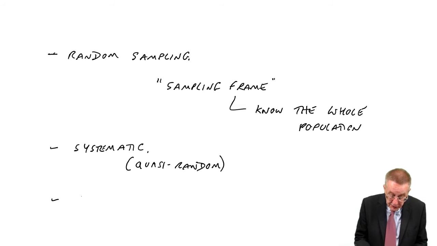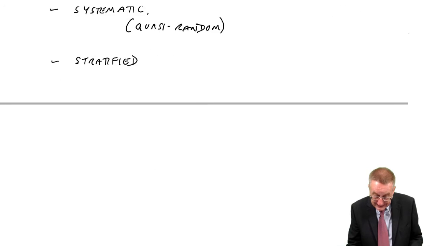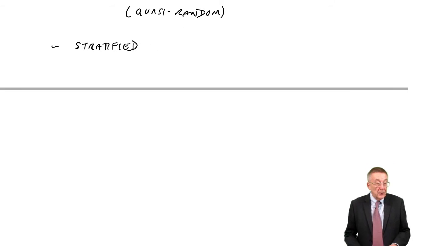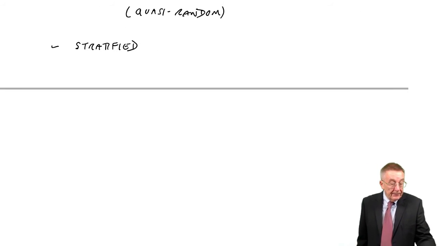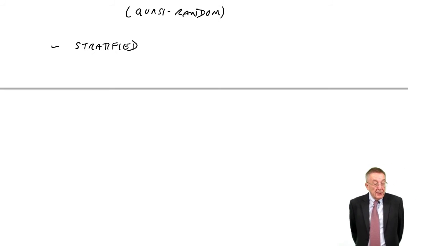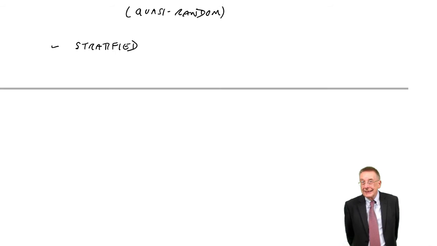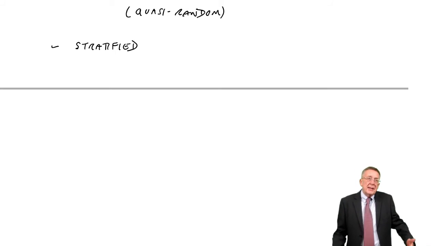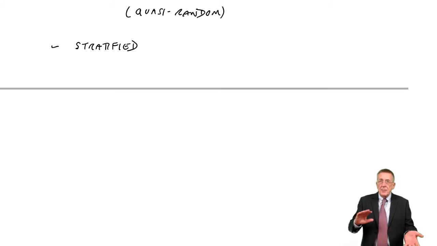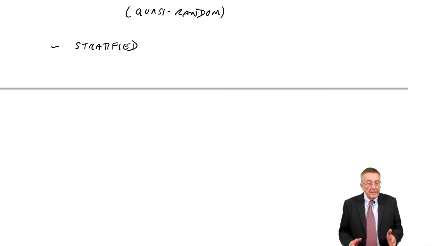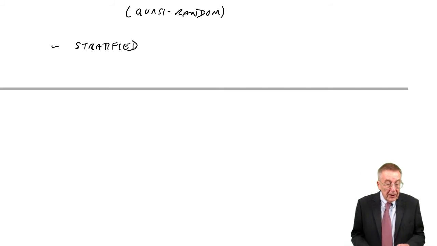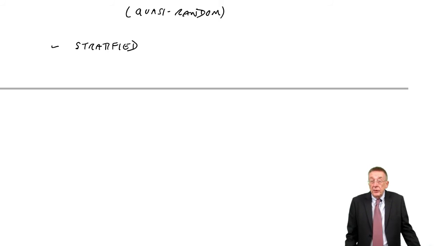Over the page, stratified sampling. Again, best seen by an example. It says, for example, if 60% of the population are women and 40% are men, then if you're sampling something where the sex may make a difference, make sure that in our sample 60% are women and 40% are men.